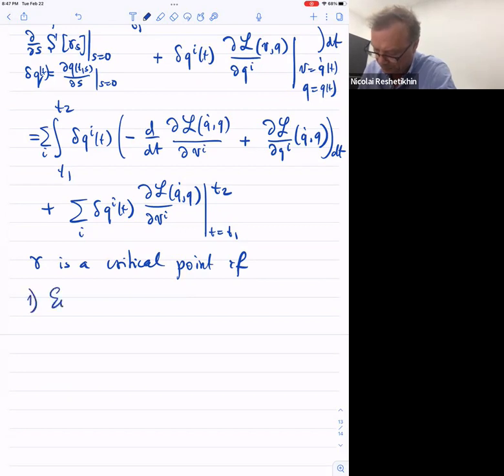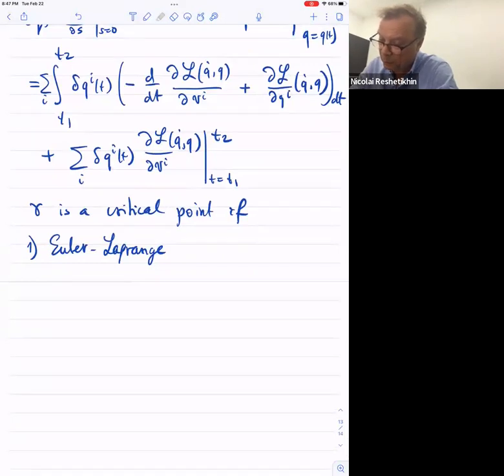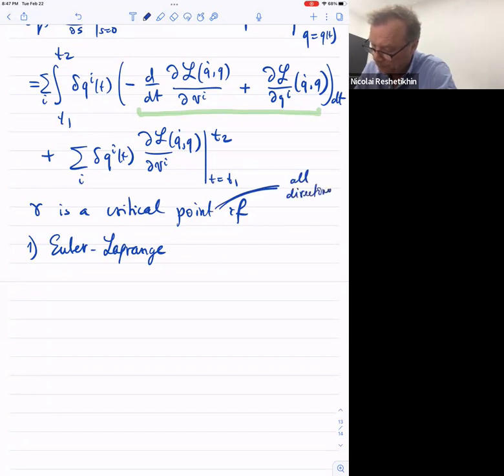first, Euler-Lagrange equations are satisfied, and Euler-Lagrange equations is what's in here. Critical point means that all directional derivatives are 0.